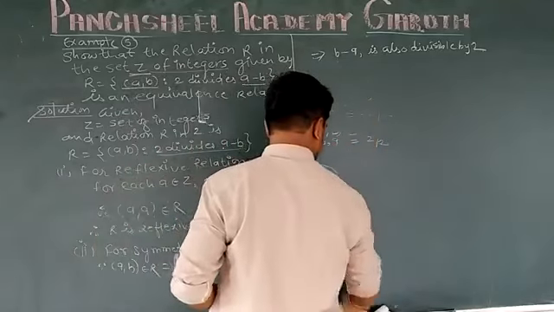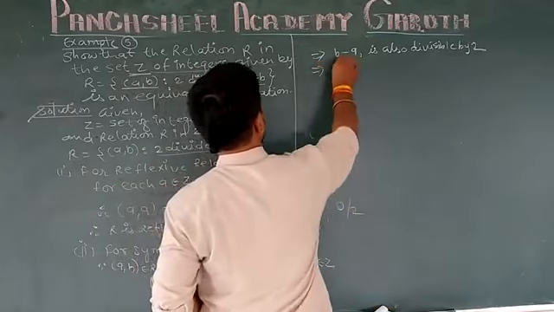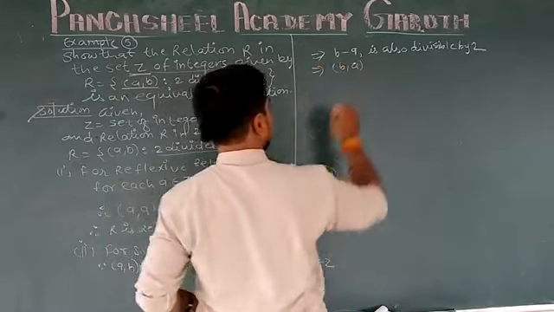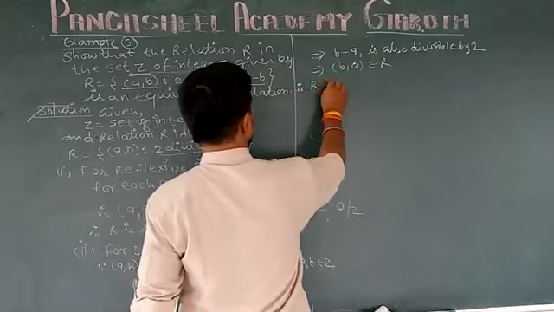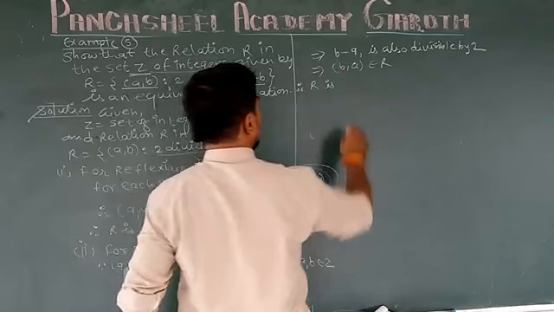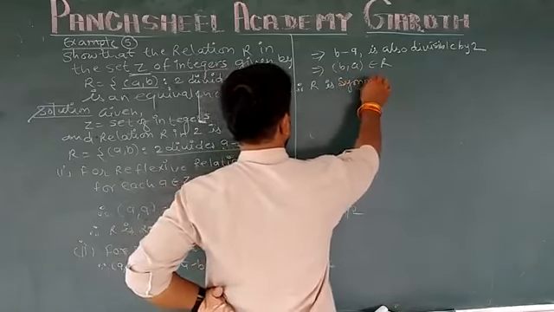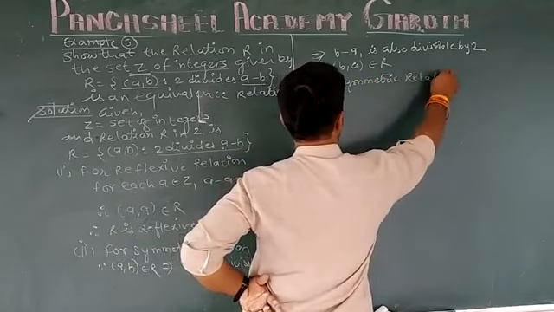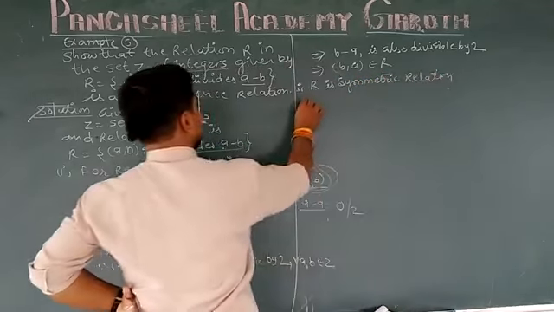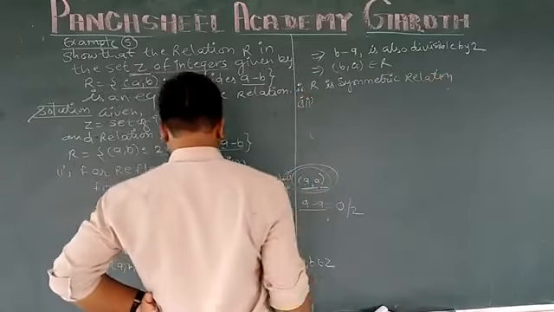So we will write here, this implies that the ordered pair (b, a) belongs to R. Therefore, R is symmetric. R is a symmetric relation.